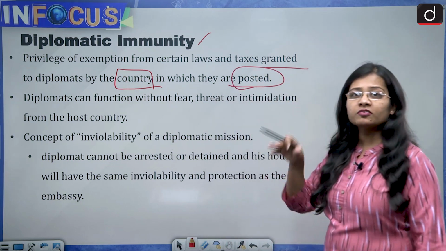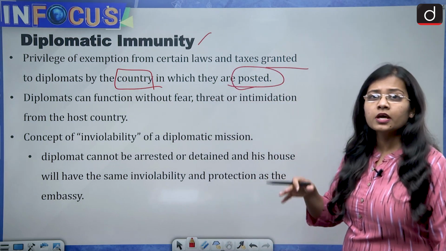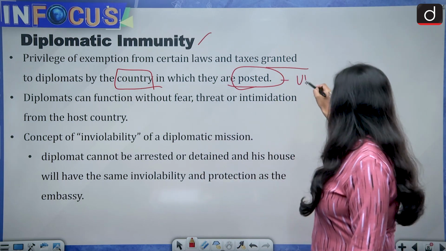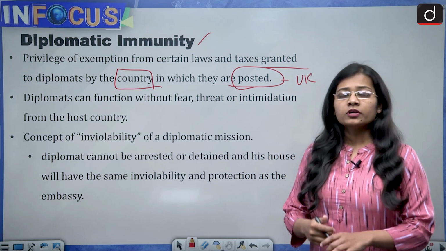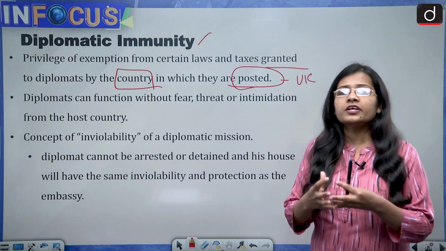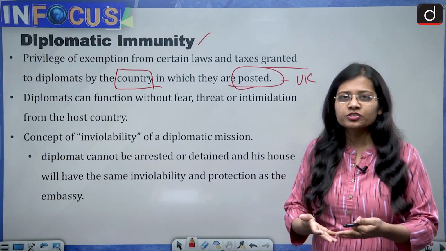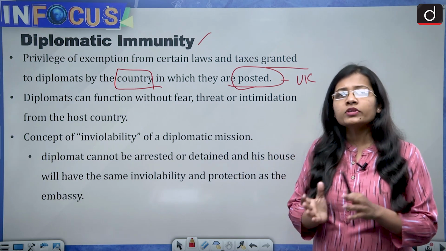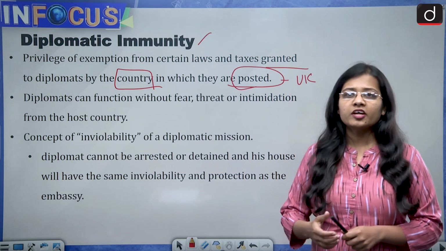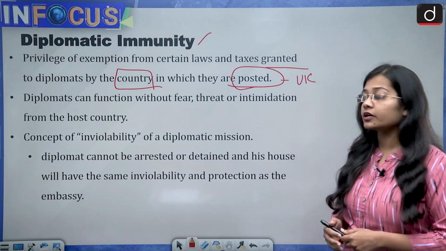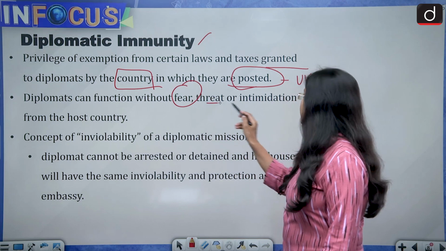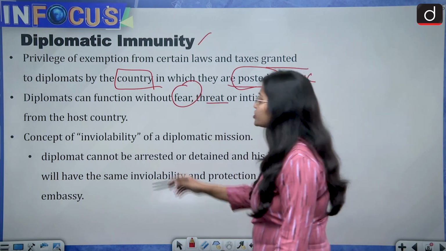So in the incident which has taken place at present, the posting country is the United Kingdom. The country in which the diplomats are posted provides certain privileges and exemptions to these diplomats, so that they can work objectively and with transparency and without any fear, threat or intimidation from the host country.